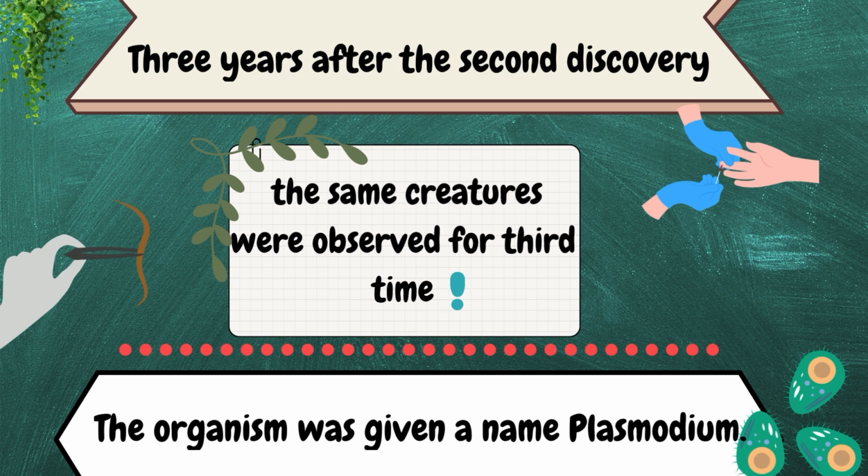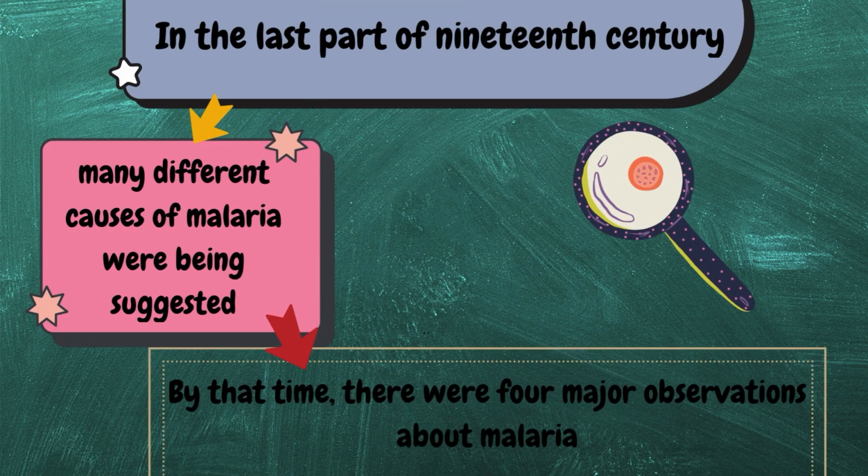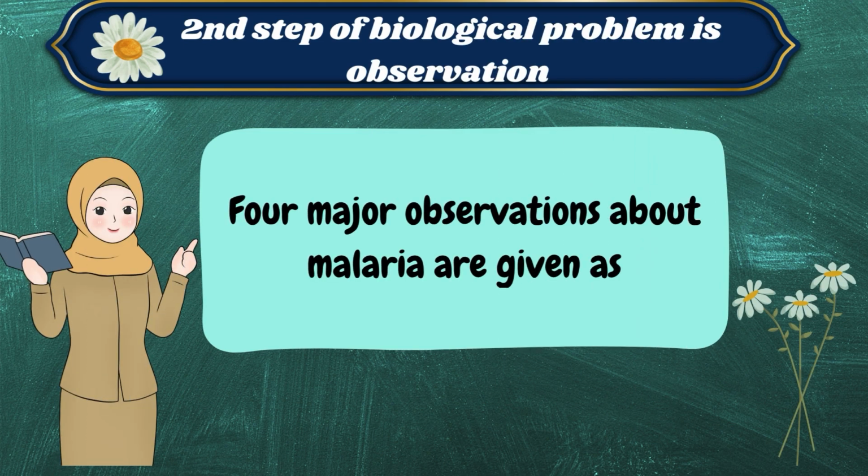In the last part of the 19th century, many different causes of malaria were being suggested. By that time, there were 4 major observations about malaria. According to biological method, the second step of solving a biological problem is observation.